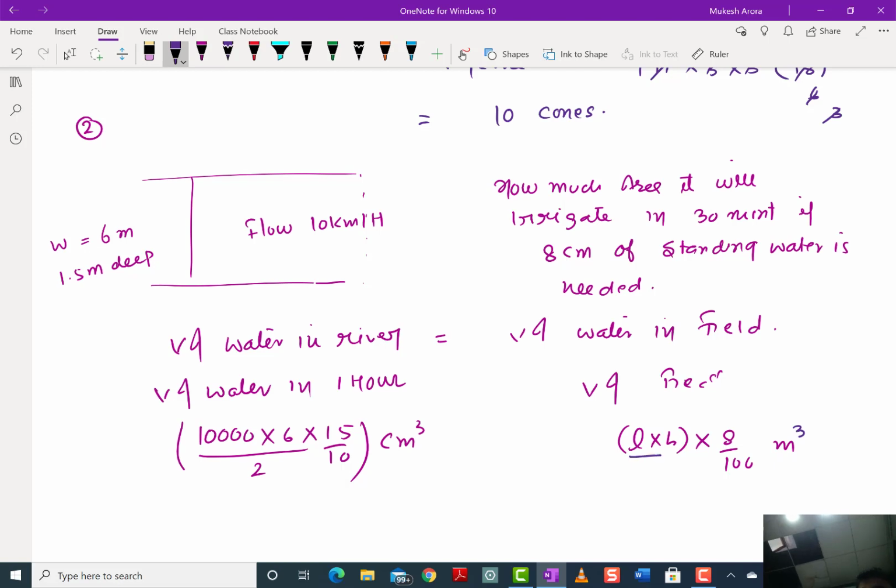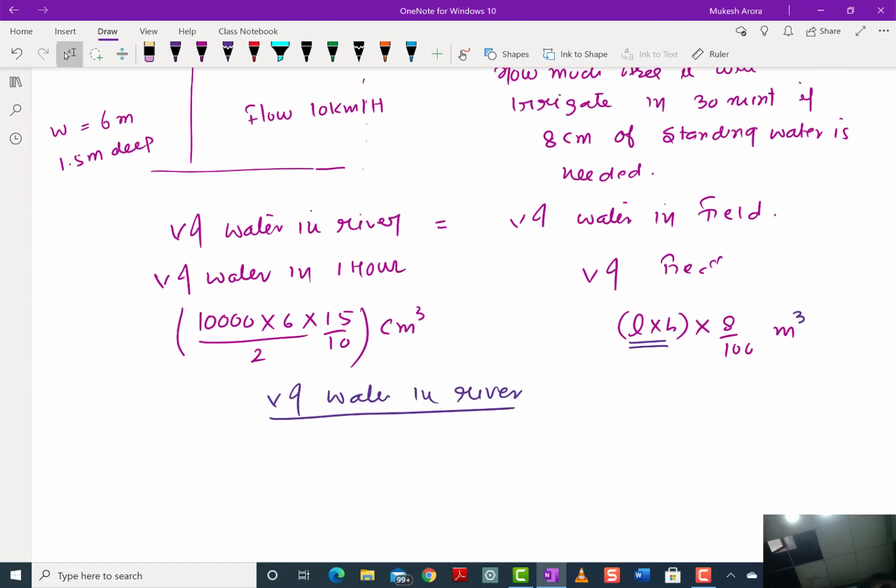So we have to find the area, L into B, that is volume of water in river divided by height. So volume of water is 10,000 into 6 into 1.5 by 2, divided by 8 by 100.